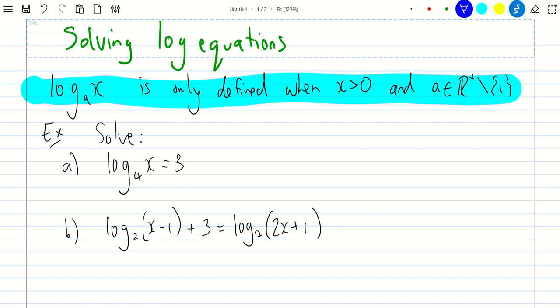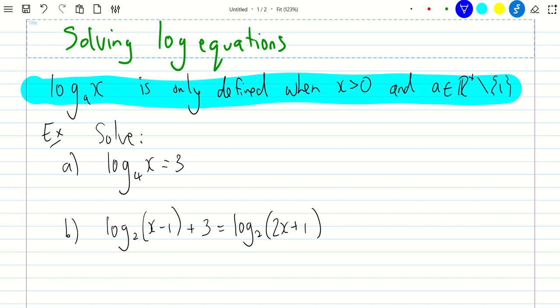It just doesn't happen. So it's only defined when x is greater than zero. And also the a must be a positive real value, and it can't be equal to one. If it was equal to one, you just get a straight line. Nothing happens. So that's where the log base a function is defined.